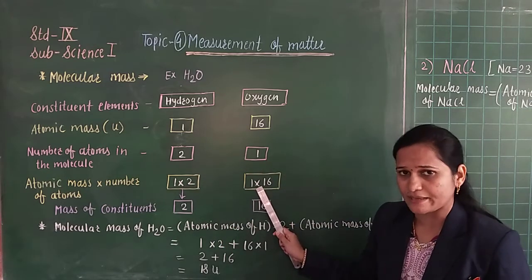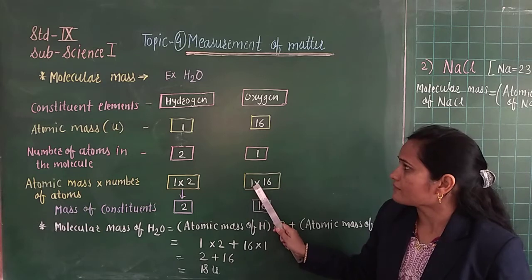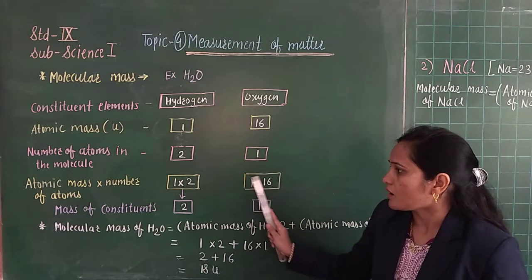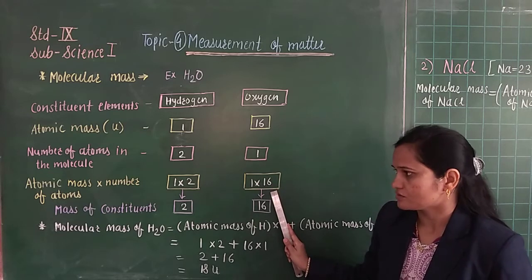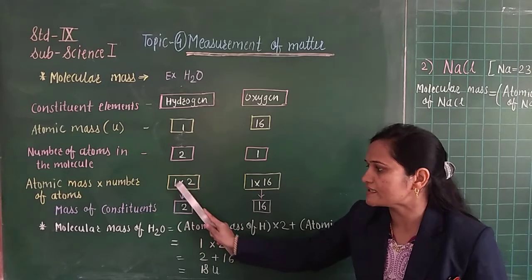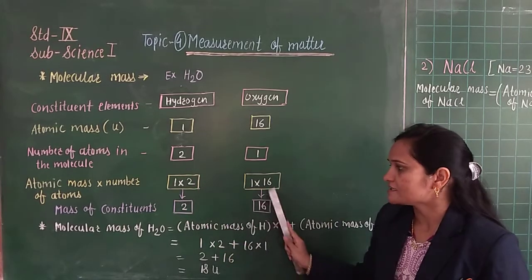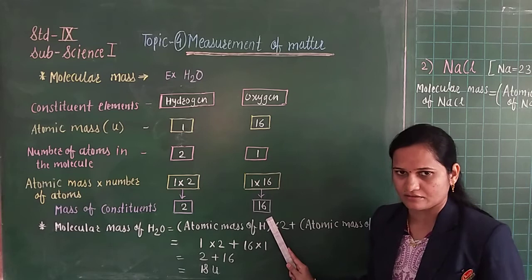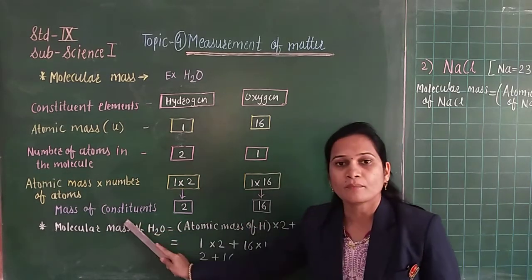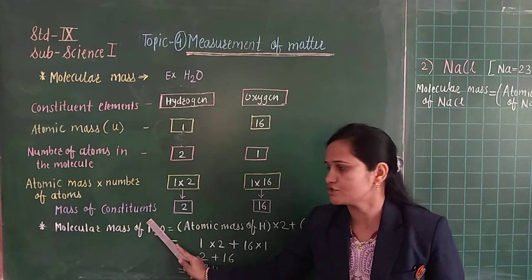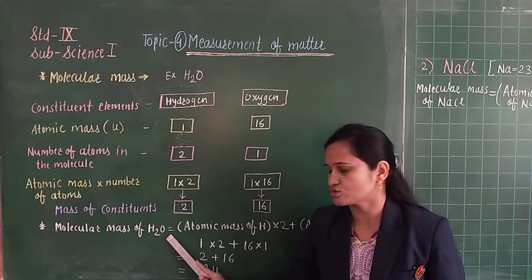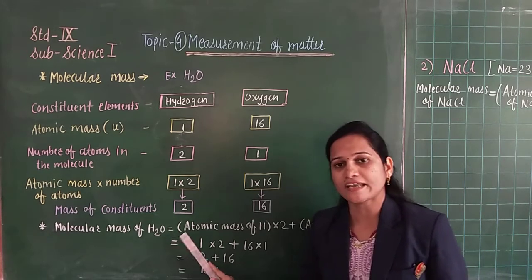Here also the same: the atomic mass is 16 and the number of atoms is 1. So the mass of the constituent hydrogen is 2, ones are 2, and here 16 ones are 16. By using this step we can calculate the mass of the constituents, which is useful to calculate the molecular mass of H2O.